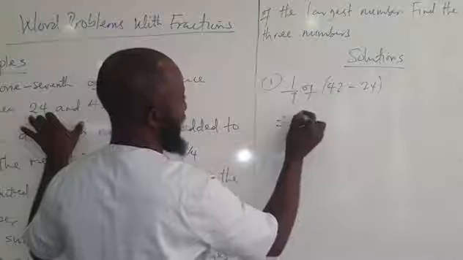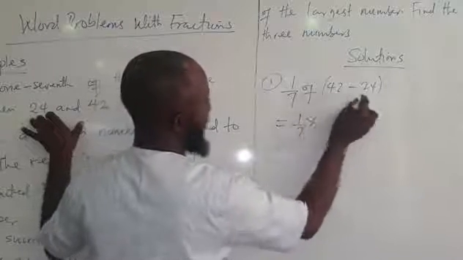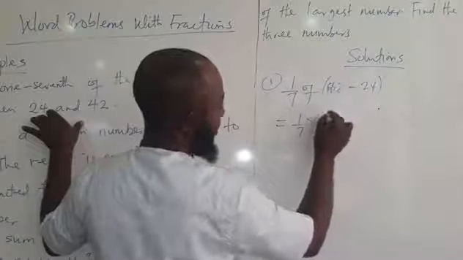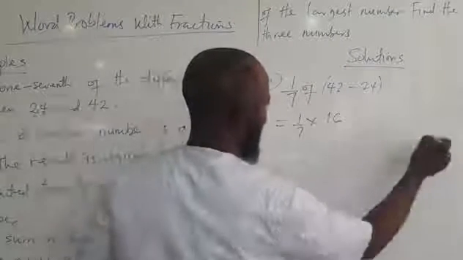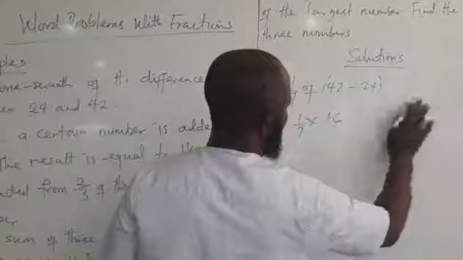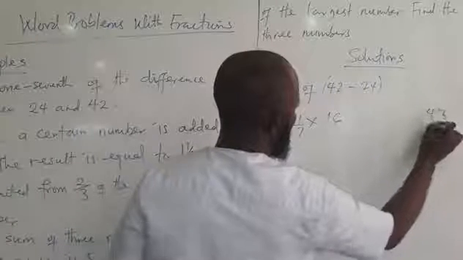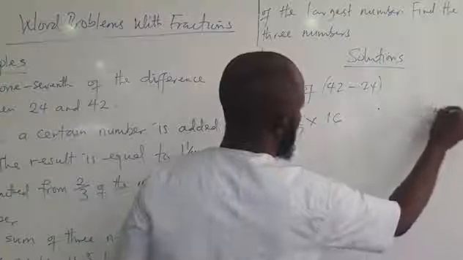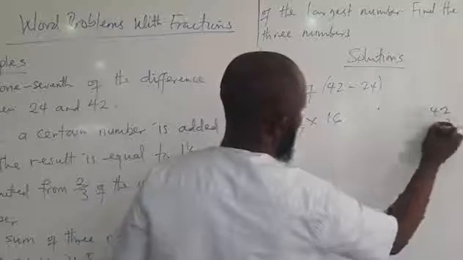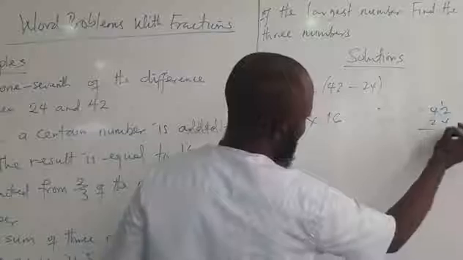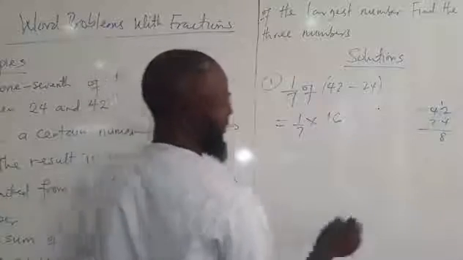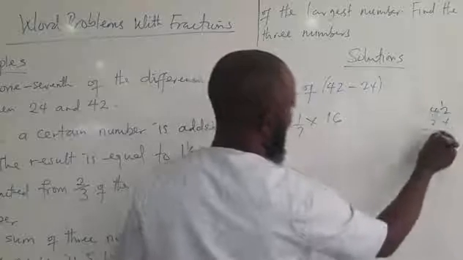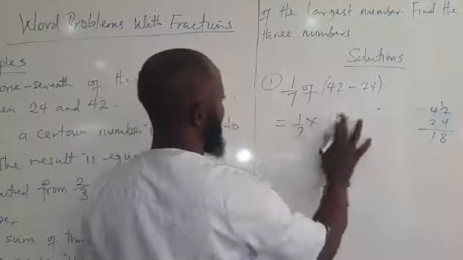So that means we have 1/7 multiplied by, when you subtract, 42 minus 24, this is 18.